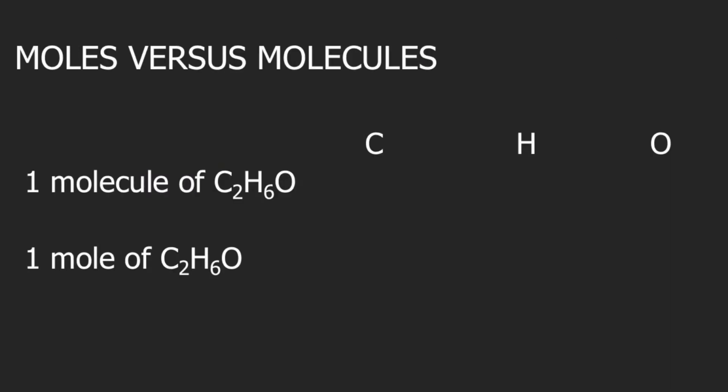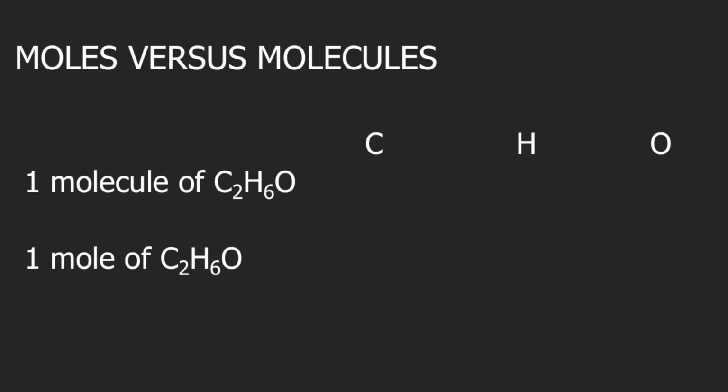Now, a lot of students get confused because they think that moles and molecules are just the same. They think that moles is just the abbreviation for molecules, but it is actually not. Moles and molecules are two different terms. So I will show you how they are different from each other.